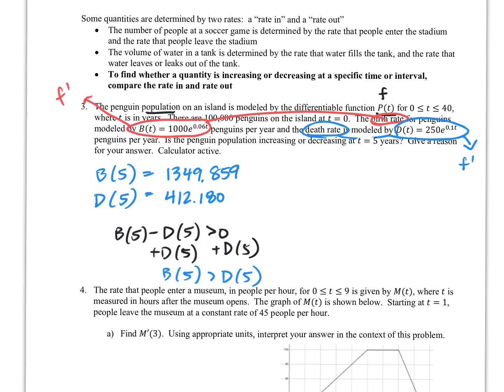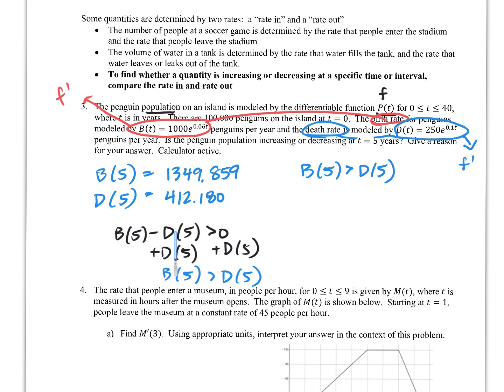You don't like that? No, you're exactly right. This is the exact same statement as that. Me personally, this is how my brain works. Just like, oh, the birth rate is bigger than the death rate. But if this is how your brain works, great. You don't even have to write it in either of these ways. You could say the birth rate at T equals 5 years is bigger than the death rate at T equals 5 years. That's just a lot of words. So I would just say B of 5 is greater than D of 5.